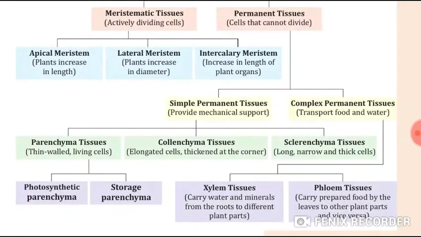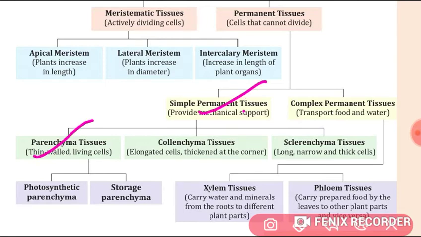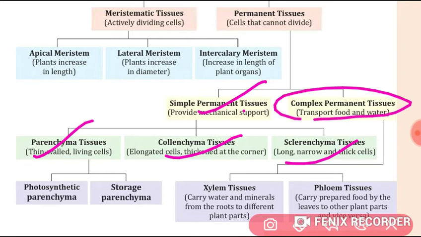Again, simple permanent tissue divides into three parts: parenchyma tissues, collenchyma tissues, sclerenchyma tissues, and complex permanent tissue divides into two parts: xylem tissues and phloem tissues.